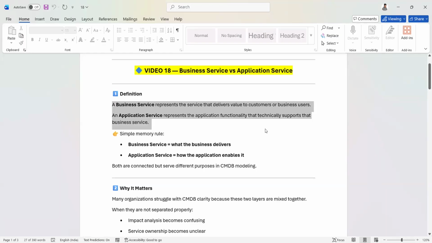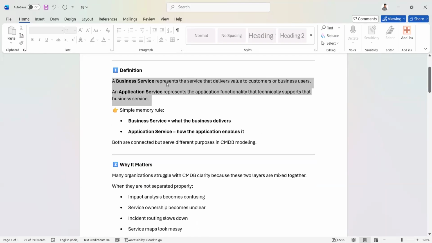Let's start with the very definition. A business service represents a service that delivers value to customers or business users. Any service that is ultimately delivering value, or being used or consumed directly by the consumer, customer, or users is known as a business service.